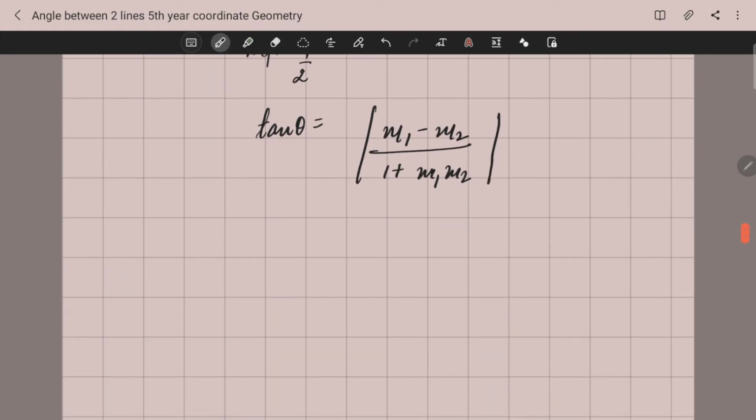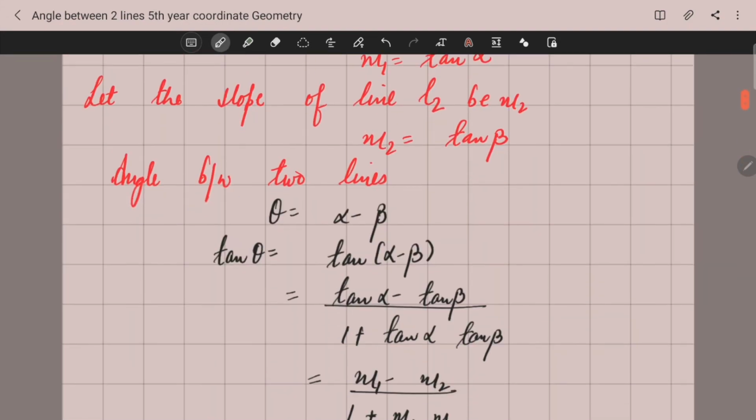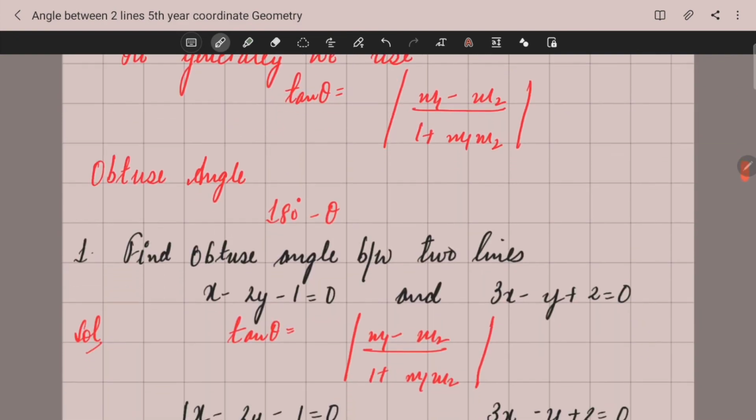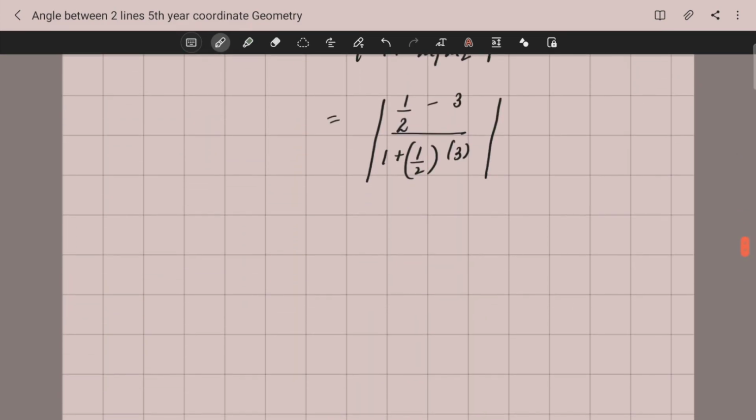Our m1 is half and m2 is 3, so put value over here. This is half minus 3 over 1 plus half into 3. We have to do calculation, minus 3, put 1 in the denominator.